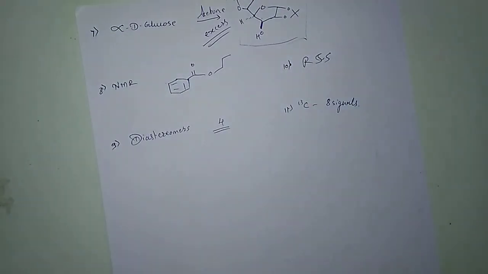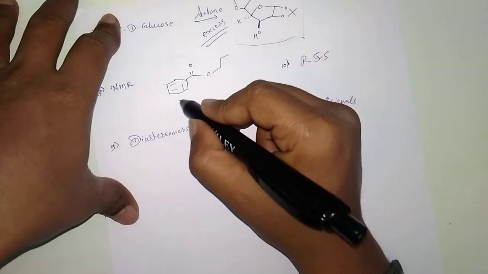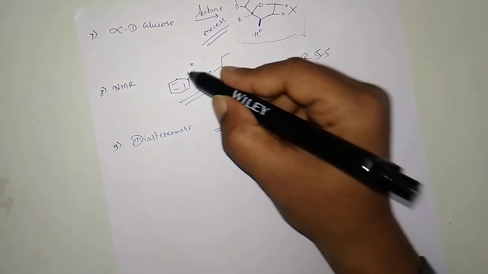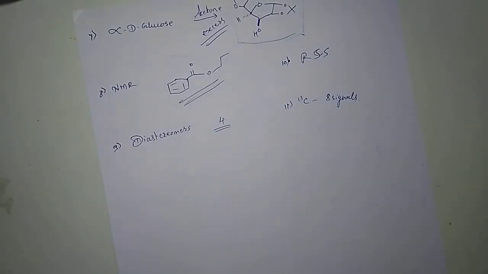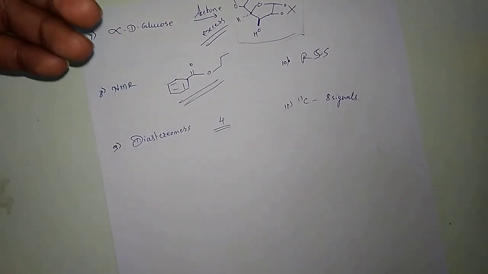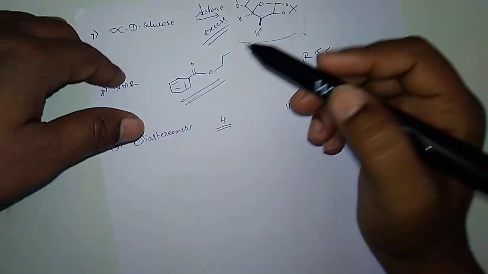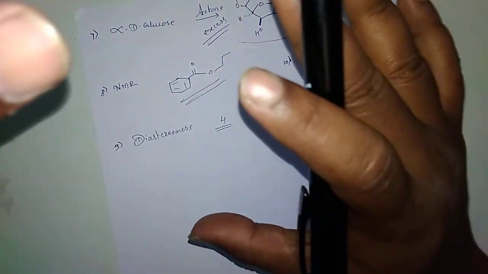Then there was one question where you were given H1 NMR values, and from these values we were supposed to predict the structure of the compound. So this is the structure of the compound where the carbonyl IR frequency was given, I think 1720 or something, which has to be of carbonyl, and then there were 5 protons indicating that they have to be from an aromatic ring, hence the aromatic ring has to be monosubstituted.